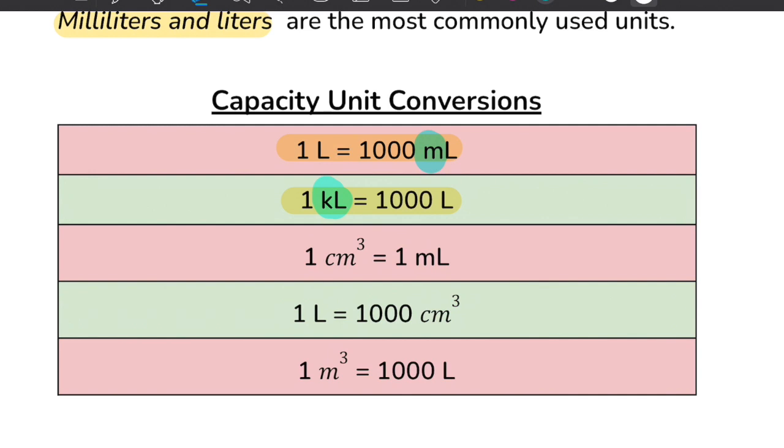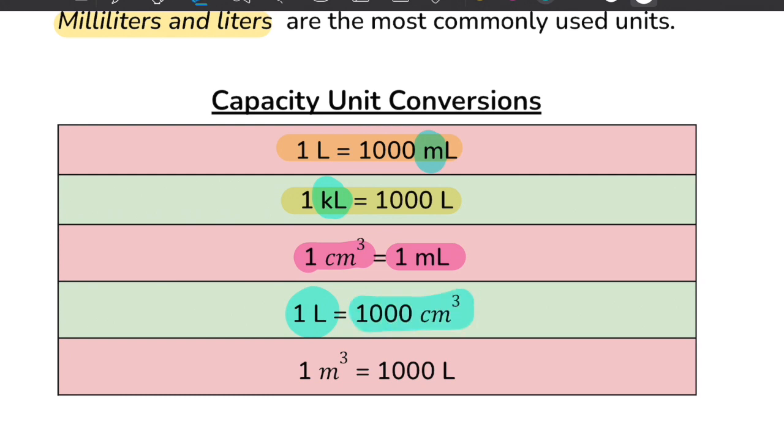Now, the next three conversions are interesting because we're comparing volume and capacity. The first one is comparing cubic centimeters to milliliters. So imagine I had 1 cubic centimeter of water. That would equal 1 milliliter of water. The next one, we're comparing liters and centimeters cubed. So 1 liter is equal to 1,000 centimeters cubed.